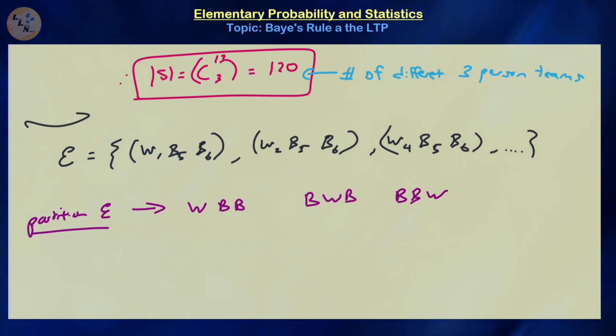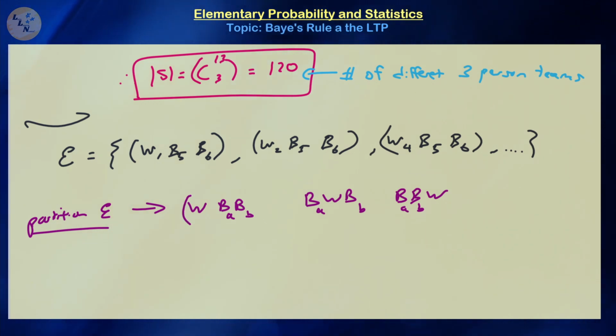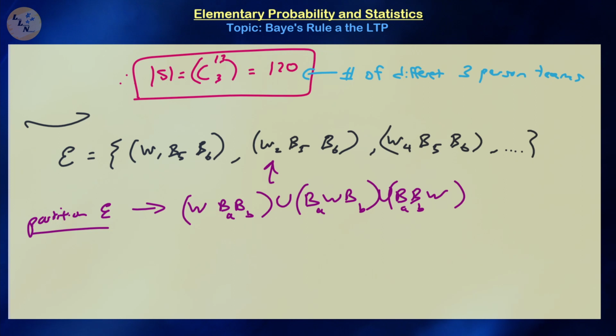It's also important to note that these blues are distinguishable, so that has to be A and that has to be B, and A and B, and A and B, so you can't have the same blue shirt person in these samples. Keep that in mind. If we take the union of these 3, we should get the entire event space E, and it's impossible for those samples to intersect with each other, right?